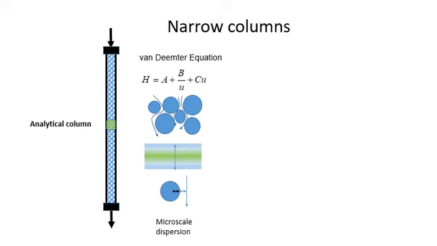The dispersion effects that we have discussed in the context of the Van Deemter equation are all microscale effects that happen in and around the stationary phase particles. Such an analysis of dispersion is sufficient for narrow columns, such as those used for analytical chromatography.